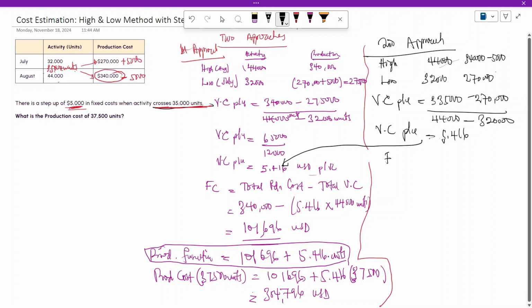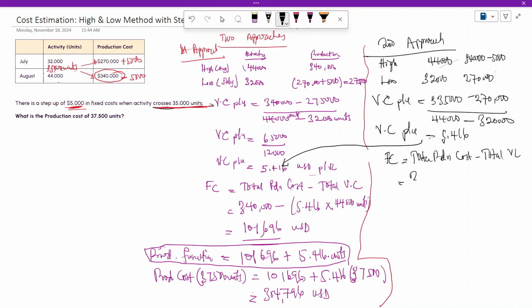So the fixed cost is equal to your total production cost minus your total variable cost, just as we did over here.